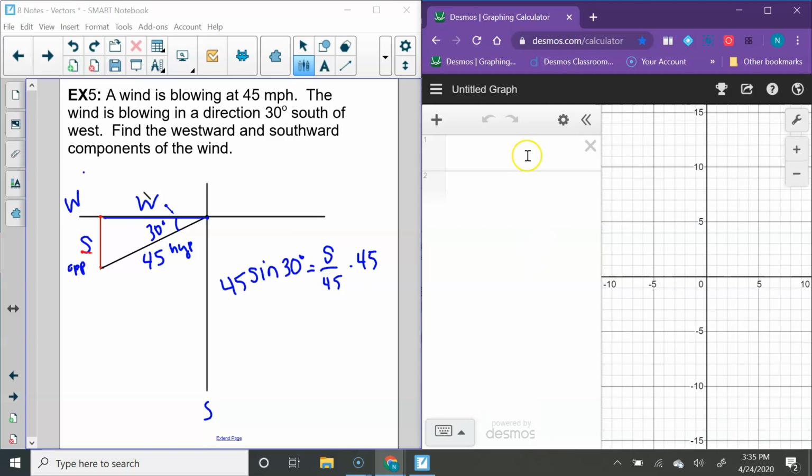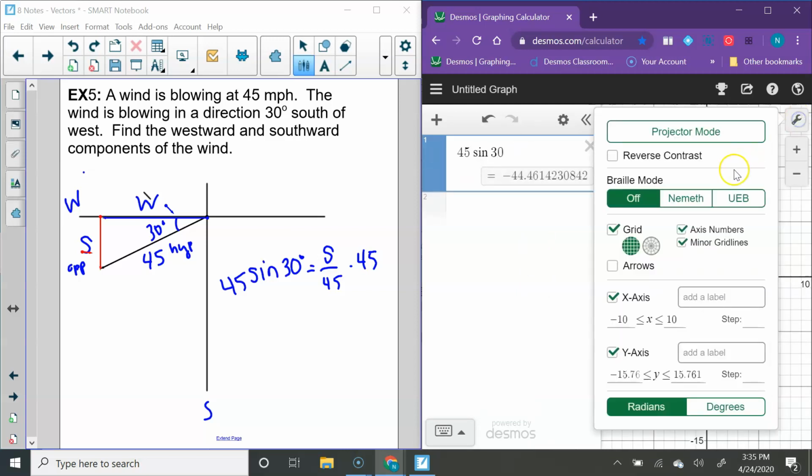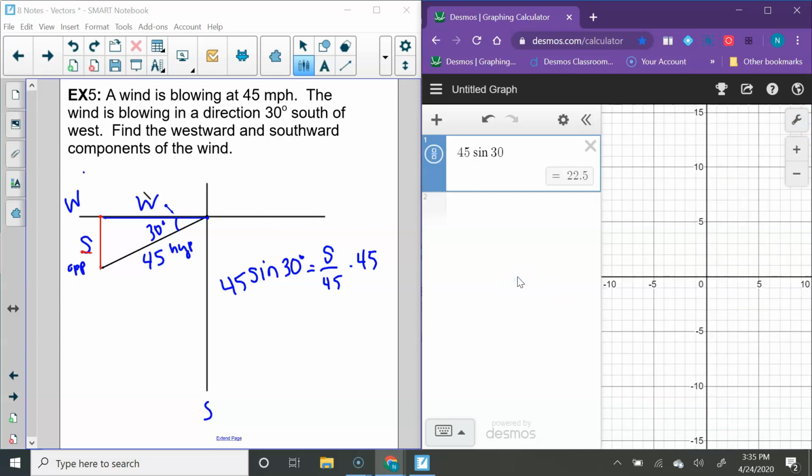Okay, so if we do 45 sine 30, and we need to go back over here and change this to degrees, we get 22.5. So southward has a magnitude of 22.5 miles per hour. We would also need to find westward.